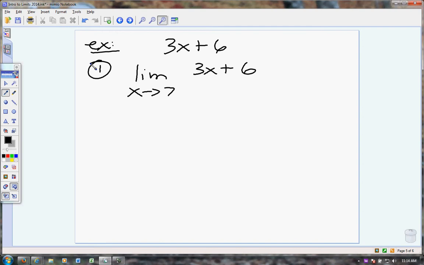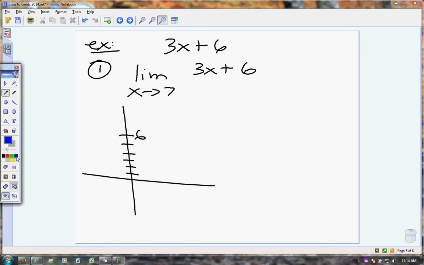Now we talked yesterday about verbally describing it. We're not going to do that on every problem, but let's do it a little bit here. If I were to graph this, 1, 2, 3, 4, 5, 6, this is just a linear that goes through 6 and has a slope of 3. There's my linear.